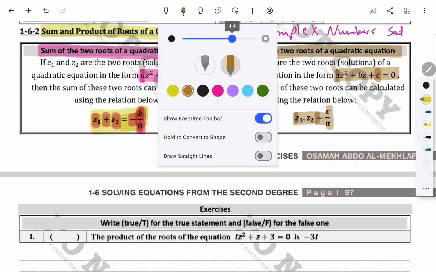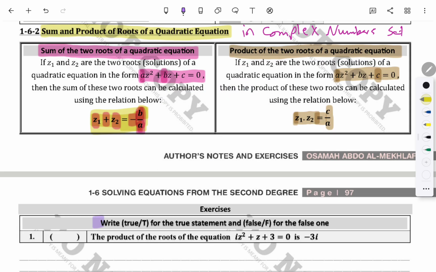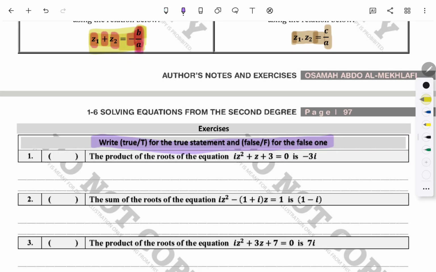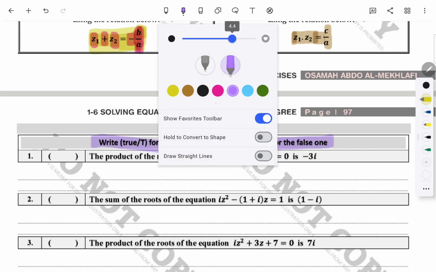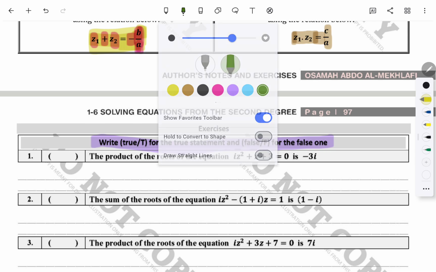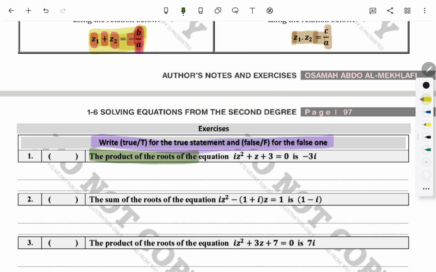The first question is asking you to write true for a true statement and false for a false one. The product of the two roots of the equation iz squared plus z plus 3 equal to 0 is negative 3. So you're going to use the rule of the product, which is z1 times z2 equals c over a.